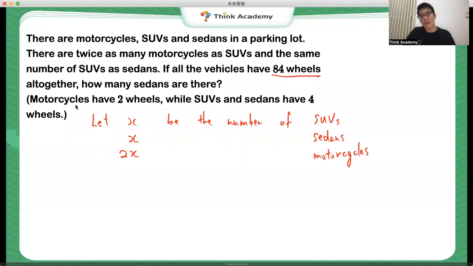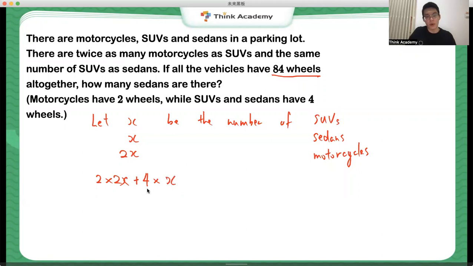So if every motorcycle has 2 wheels, then 2x motorcycles are going to have 2 times 2x wheels, right? And then each of the SUVs has 4 wheels, so we are adding that. 4 times the number of SUVs, which is x.